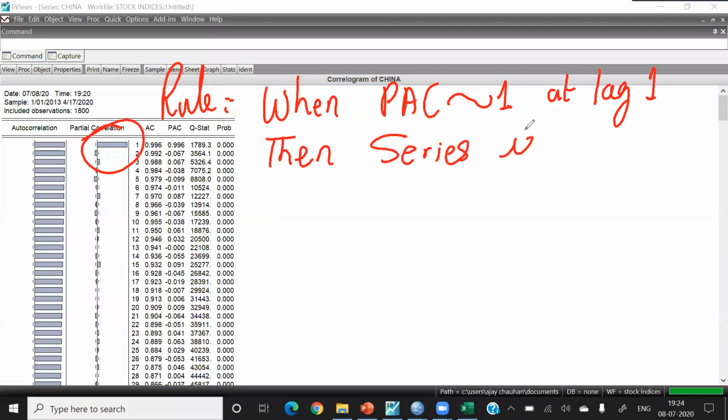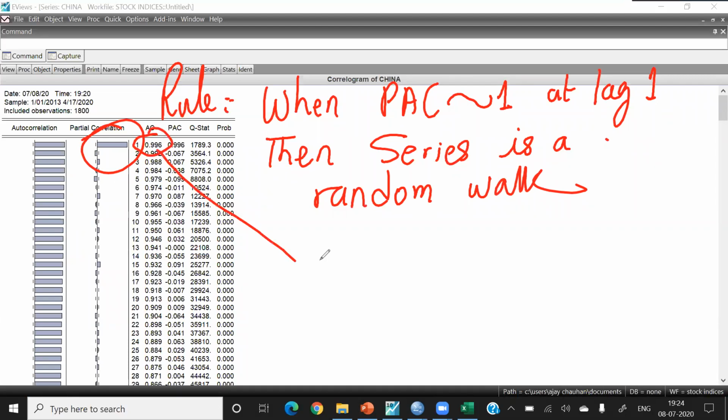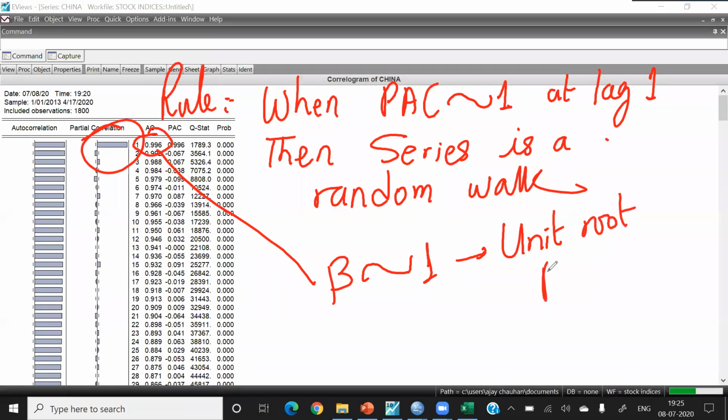Then the series is a random walk, because this part is actually the beta. So when this beta is equal to 1, the series is said to have the unit root problem. The series is said to have the unit root problem, right?